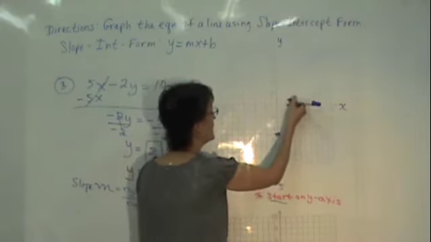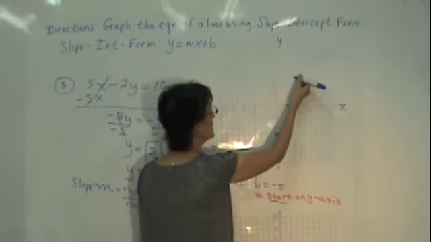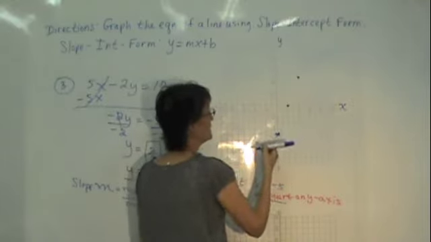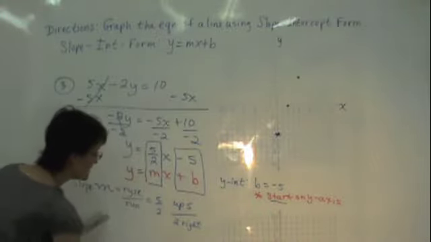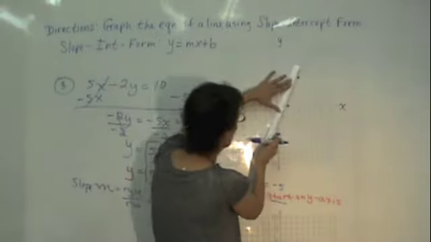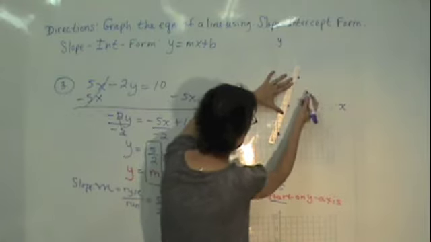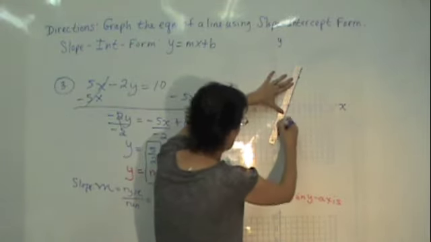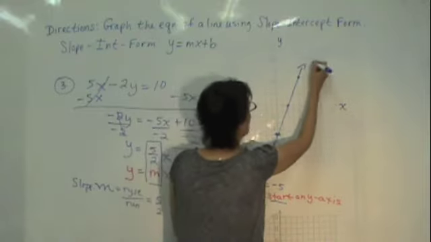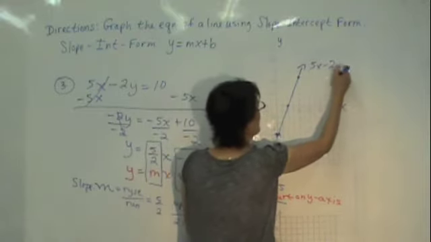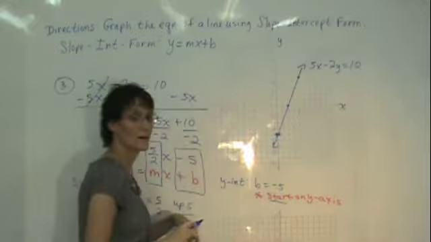Do it again. 1, 2, 3, 4, 5, 1, 2, put a dot. Okay? And then we've got our 3 dots. They look like a great pattern, so you are probably on the right track there. So then draw your line, label it, 5x minus 2y equals 10, and then you are complete.